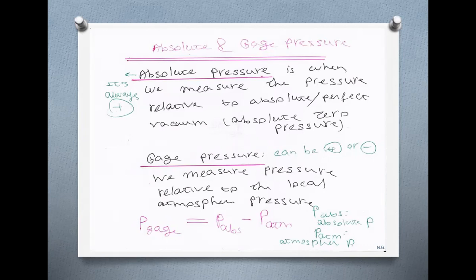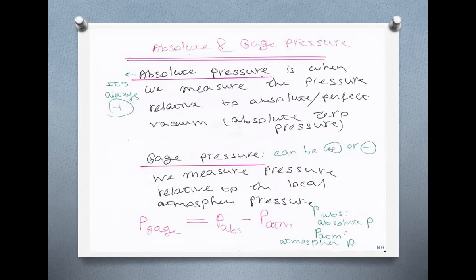So gauge pressure, when you express the pressure of the fluid in gauge, is basically the excess of the pressure of the fluid over the pressure of the atmosphere. It can be positive or negative. According to geometry, if you have a line that shows the perfect vacuum, and above that line is the pressure of the atmosphere, and the distance between these two is the pressure of the atmosphere, then consider a fluid with a pressure above the local atmosphere.